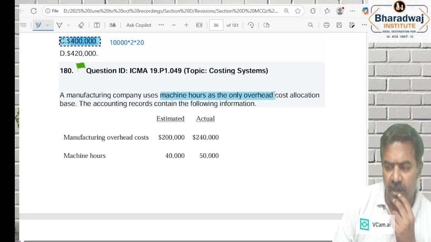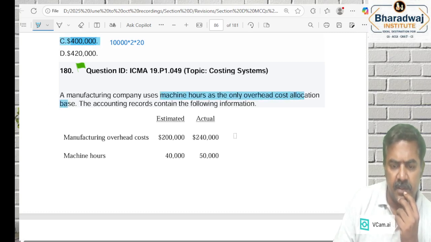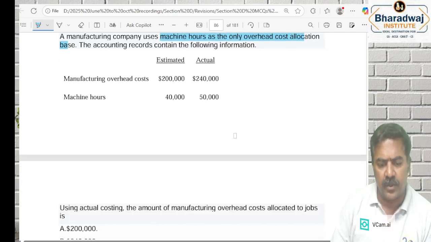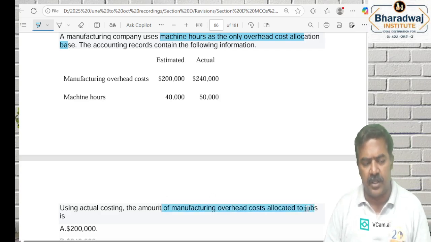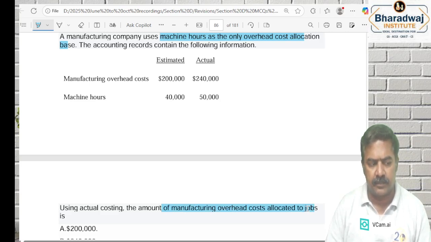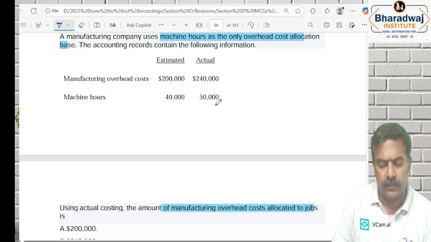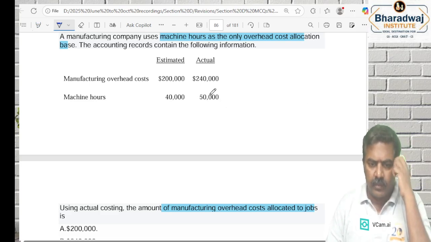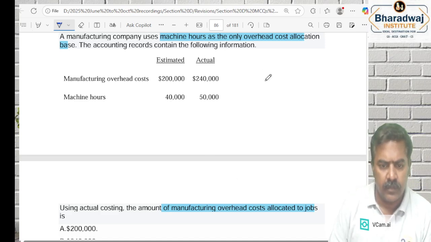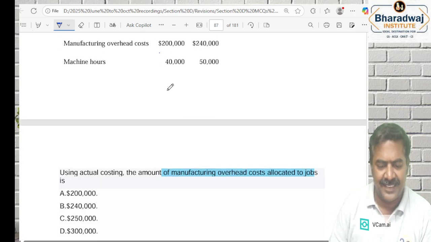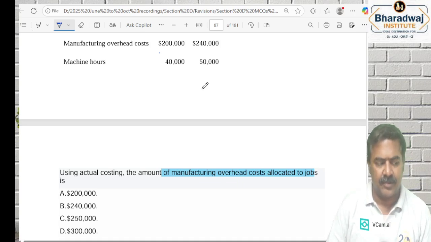Machine hours for allocating overheads. Manufacturing overheads, machine hours, etc. are given. They ask you to find out the amount of manufacturing overheads allocated to the job schedule. Options, sir. $240.